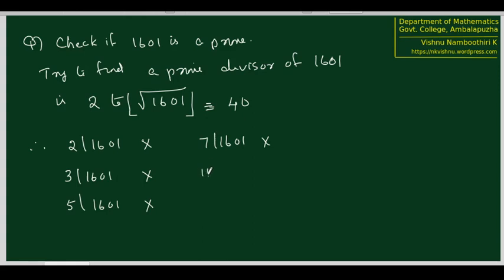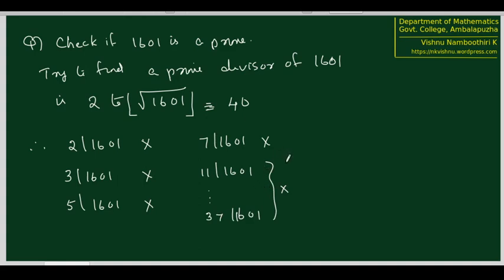After that we have to see if 11 divides 1601. If we keep on doing like this, we have to go up to 37, that is the last number we have to check. Does 37 divide 1601? We will see in all these that none of these things are going to be true.